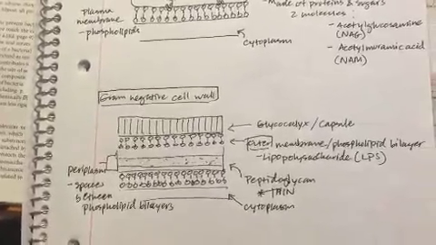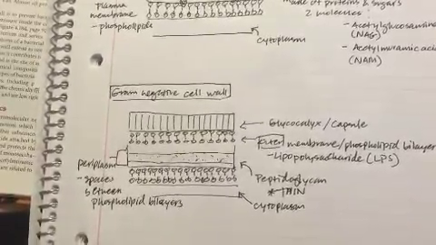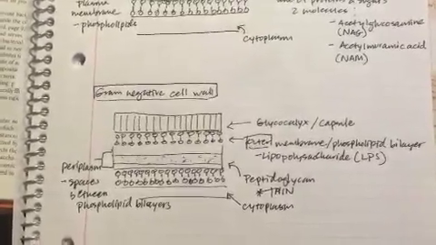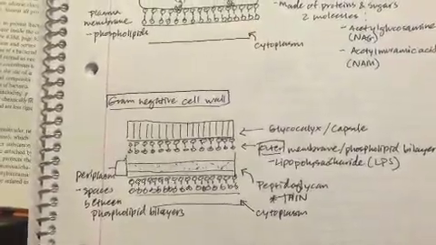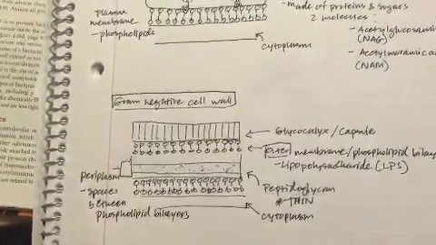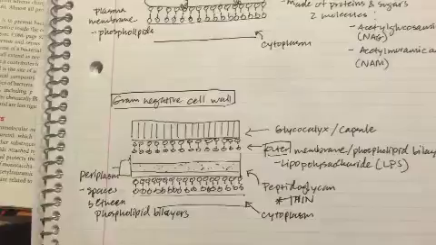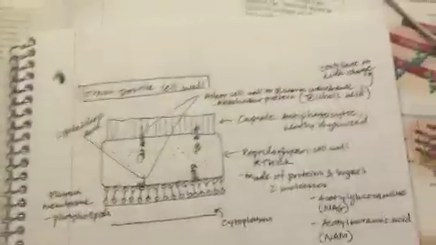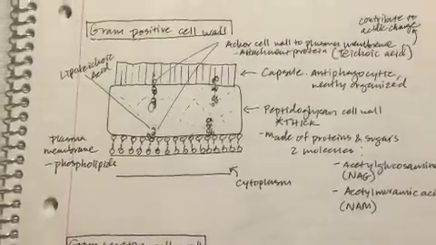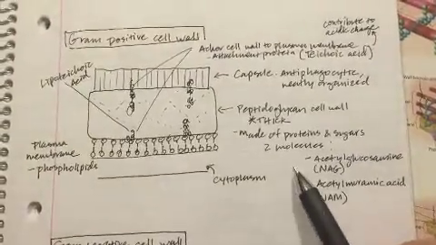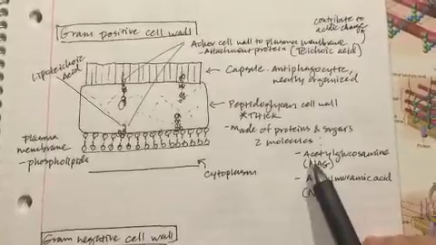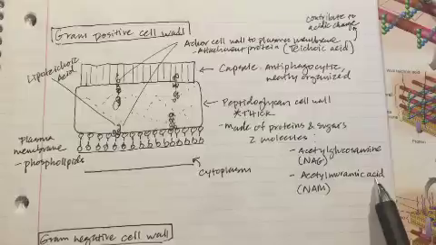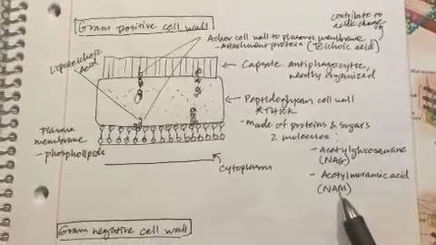So again, some important terminology for the cell wall, either gram-negative or gram-positive. We've got peptidoglycan, a protective layer for bacteria. It's composed of amino acids and glucose, proteins and sugars, so two molecules in peptidoglycan: acetylglucosamine, or NAG, and acetylmuramic acid, or NAM.